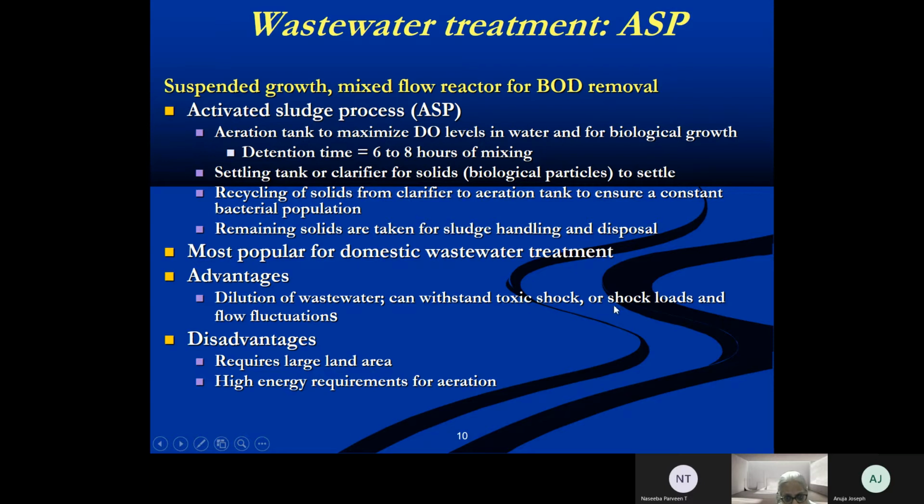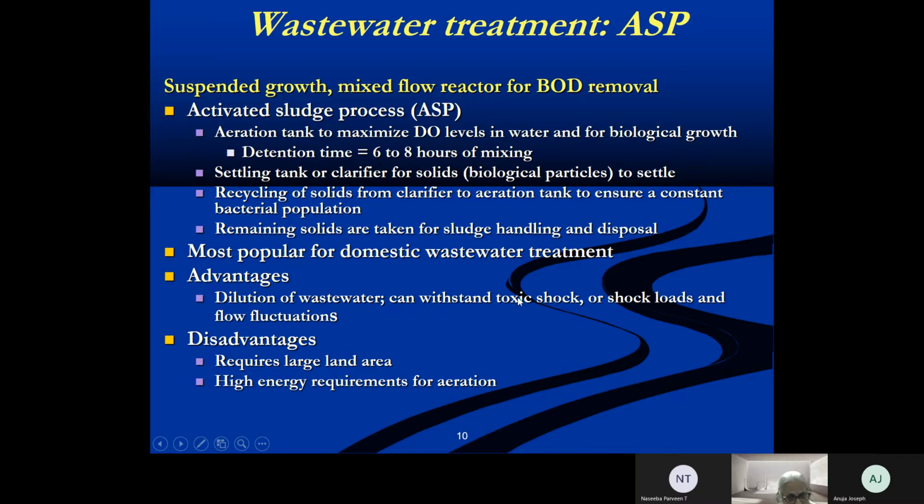Then we come to toxic shock loads and so on. Let's imagine that some small scale or medium scale industry within the city is dumping a shock load of some toxic material. It goes down the drain. Now, if you have any other type of process, a toxic shock load will destroy the biomass, because the bacteria are biological particles and they are as susceptible to toxicity as any other organism.